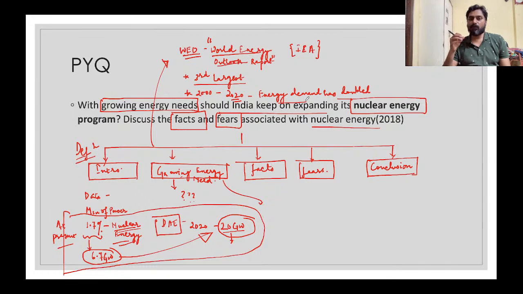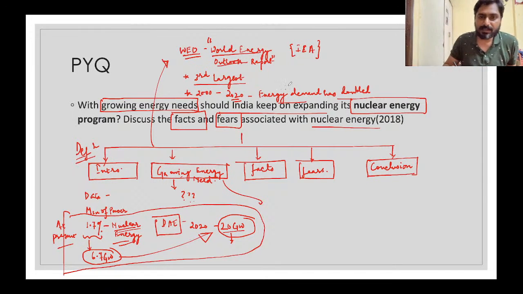It says this energy requirement is increasing because there is a rise in living standards of the people, and because of that there is more demand for energy.